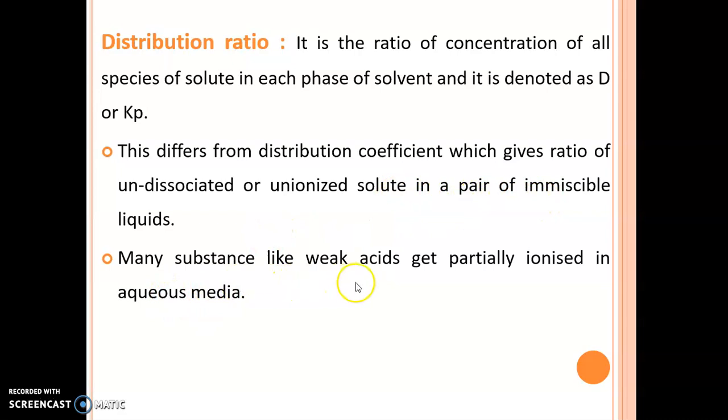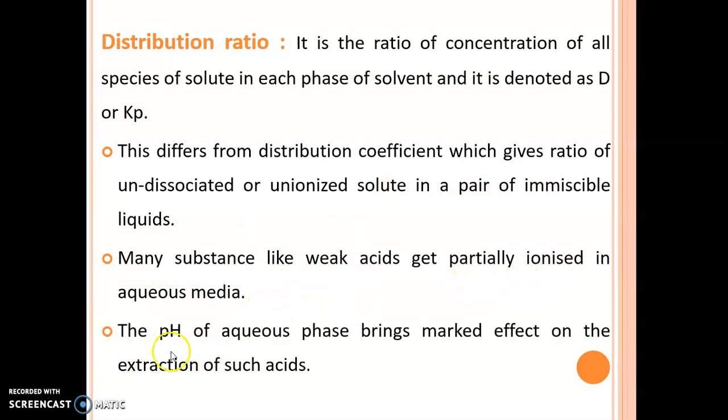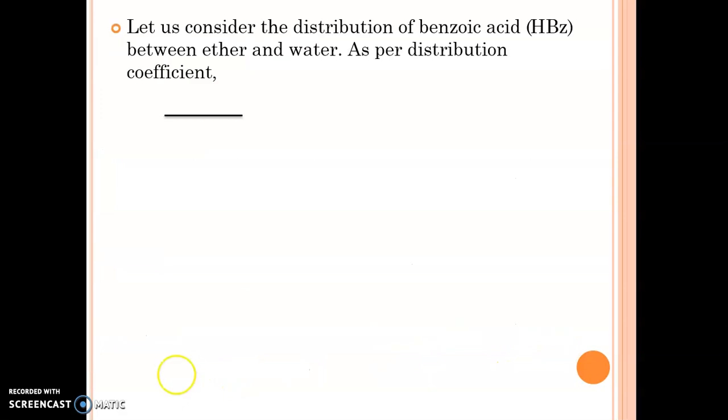Many substances like weak acids get partially ionized in aqueous media. The pH of the aqueous phase has a marked effect on the extraction of such acids. Let us consider the distribution of benzoic acid between ether and water. As per the distribution coefficient, K is equal to [HBz] in ether divided by [HBz] in water.